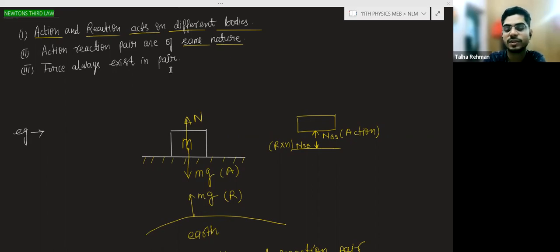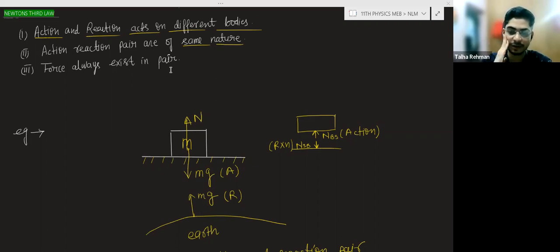For an action there is an equal and opposite reaction. For example, I give someone a slap, and in return he gives me a slap. That will also be action and reaction, but that is not connected with Newton's third law.